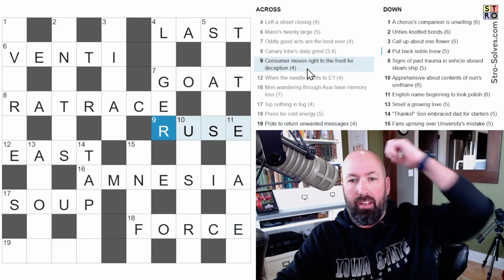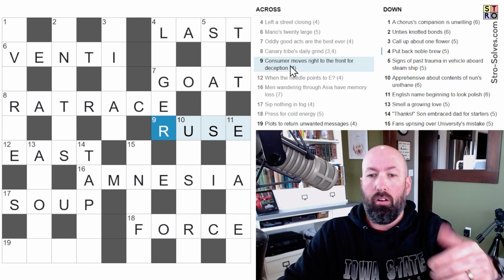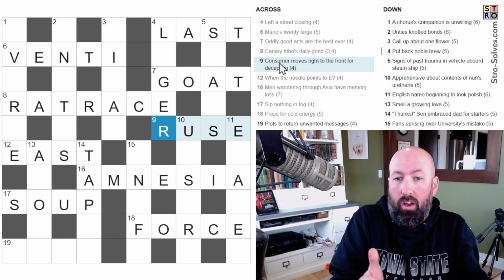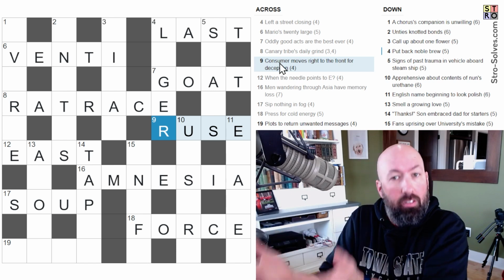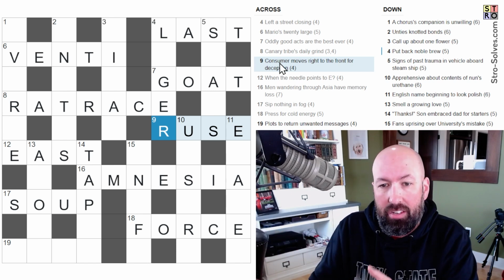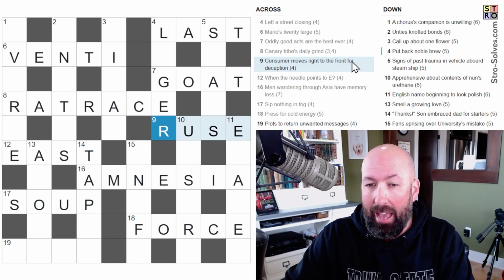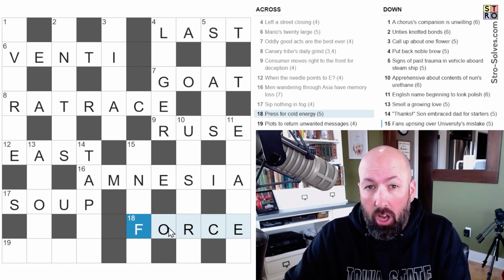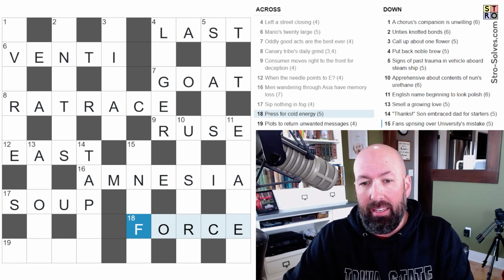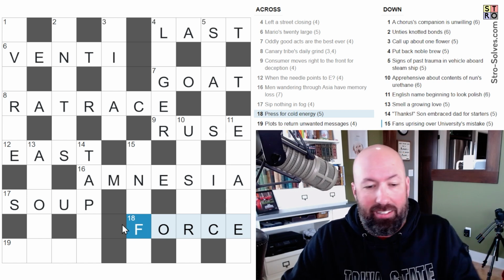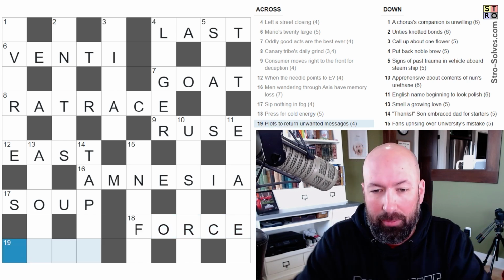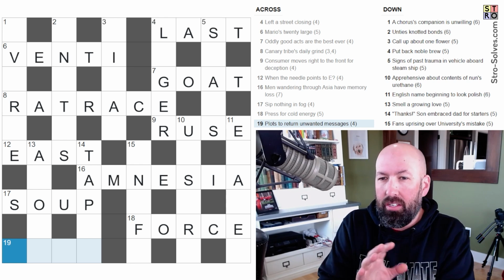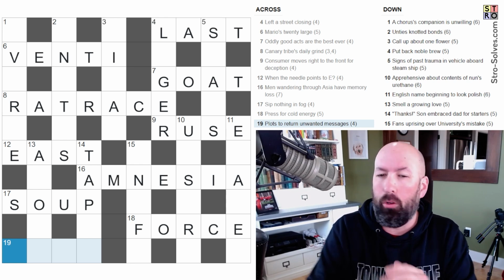We said consumer moves to the right, or right to the front for deception, which is saying consumer moves right to the front equals deception, or is deception. So for can mean that, but sometimes for just means the word for, and you don't always know which one it's going to be. That's part of the trick with a cryptic crossword. You have to always be looking out for this could mean this, it could mean that, and consider both possibilities.